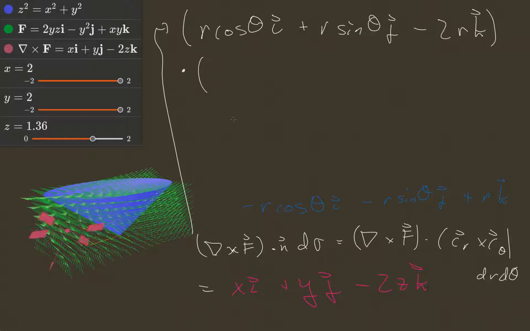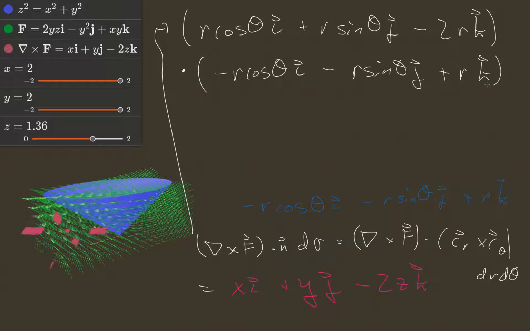We dot that with negative r cos theta i minus r sine theta j plus r k, dr d theta. These two give us a negative r squared, this gives us a negative 2r squared. So this is negative 3r squared dr d theta.